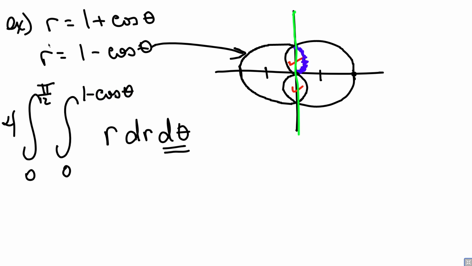Now, I purposely didn't use the top one because then my r would have to be different, and my theta would have to be different, because this portion right here is not created until later on with values of theta.